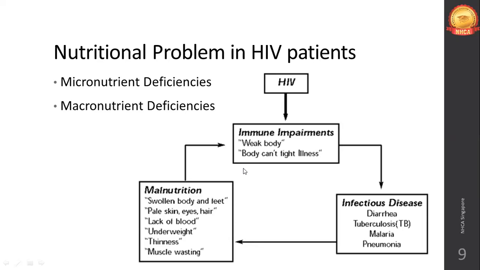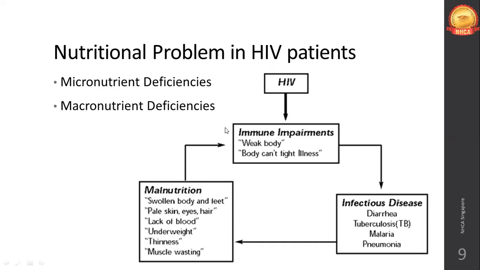That is how macronutrient deficiency takes place in HIV, because even if the body is getting adequate nutrients, there is malabsorption, inadequate absorption, and that nutrient will be excreted from the body. So the body has to use up the stores already present.